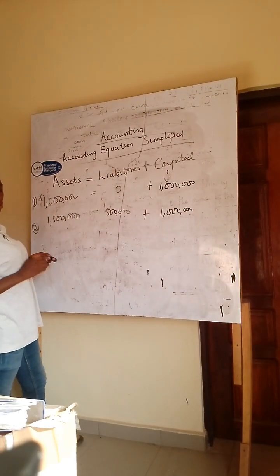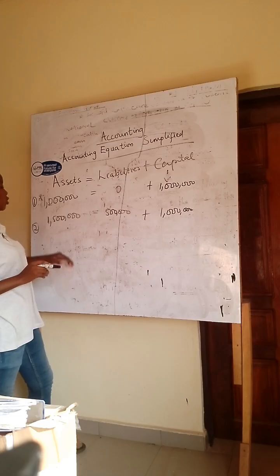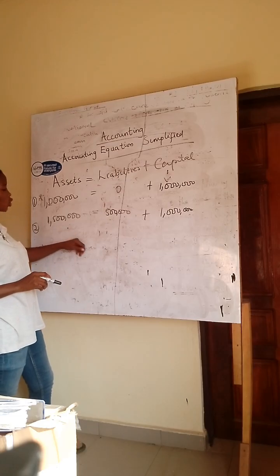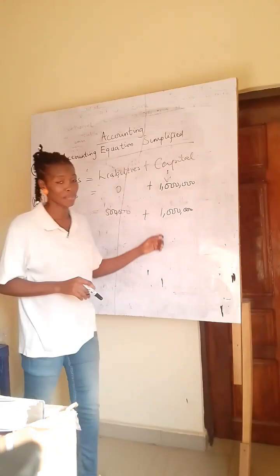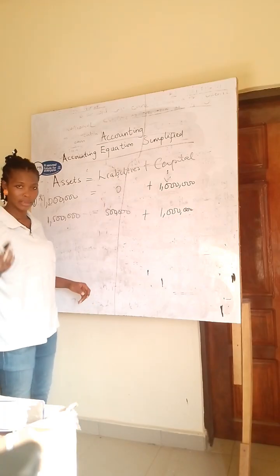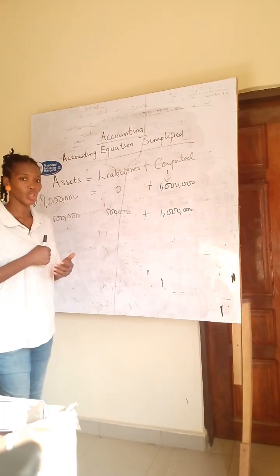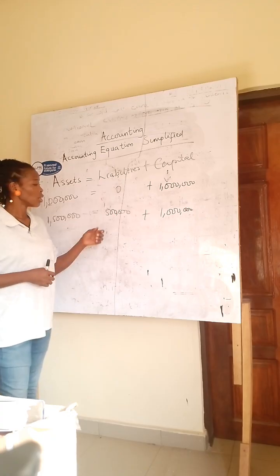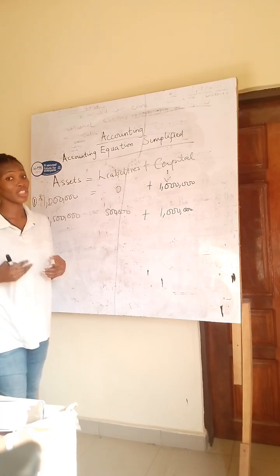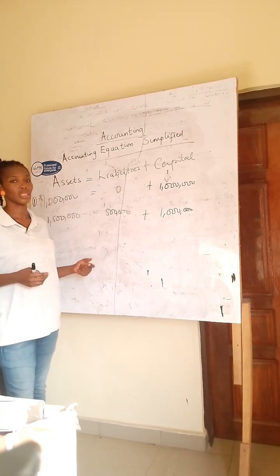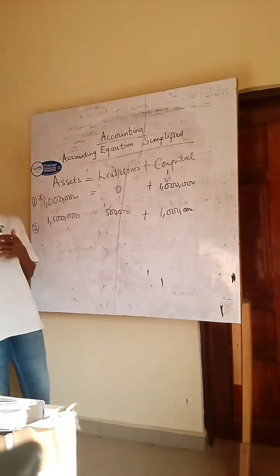This is what the asset is. So at all times, your asset must be equal to your liabilities and capital. And in simple terms, liabilities and capital are the monies the person used to run his business. Liability in the sense that he has not paid the money, but he has used the money. So indirectly he has the money.